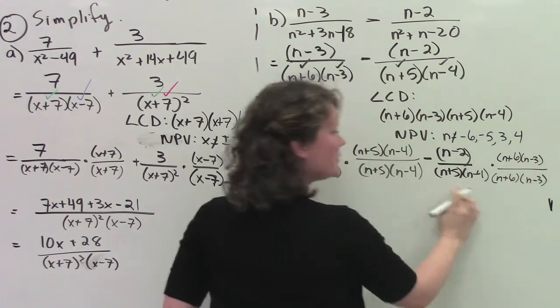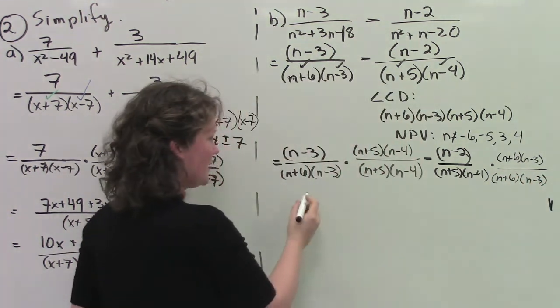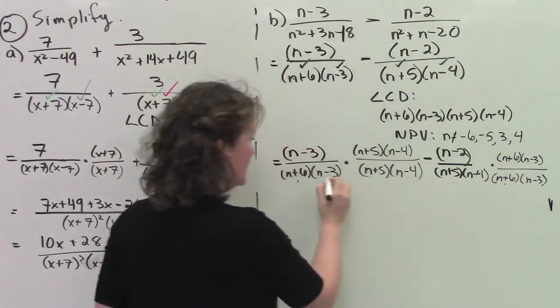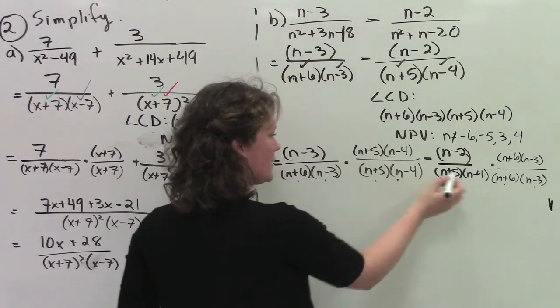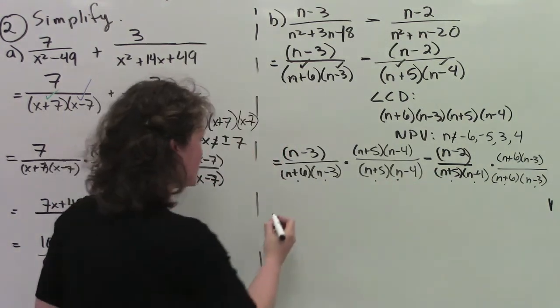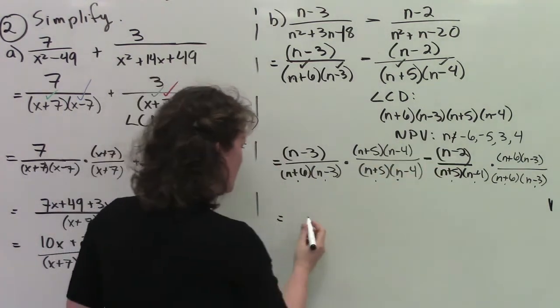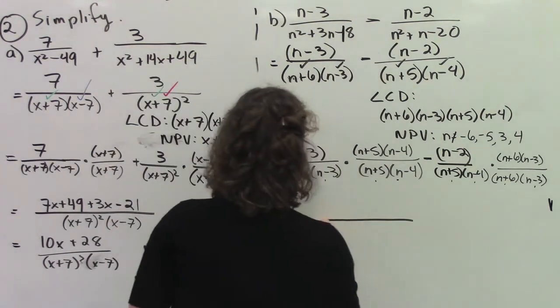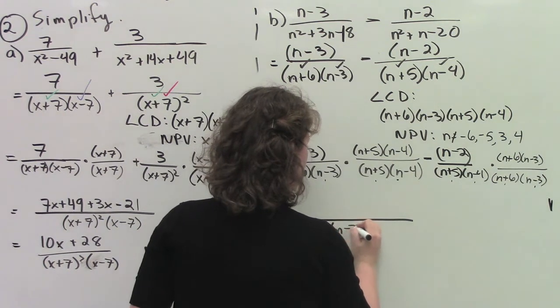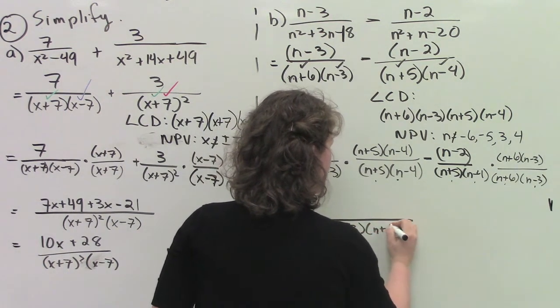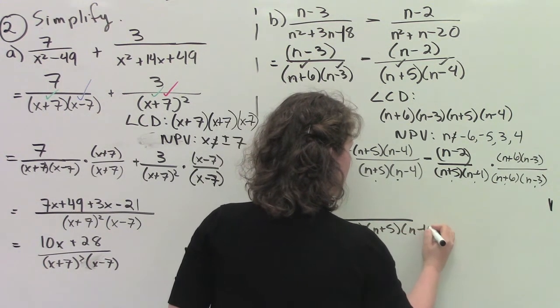We notice that these two denominators are going to be the same thing. This matches with this, this matches with this, this matches with this, and this matches with this. So it's the exact same thing, so we can just put them all over top of 1: n plus 6, n minus 3, n plus 5, n minus 4.